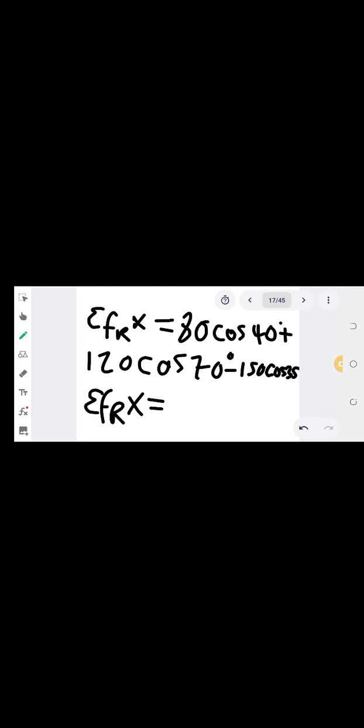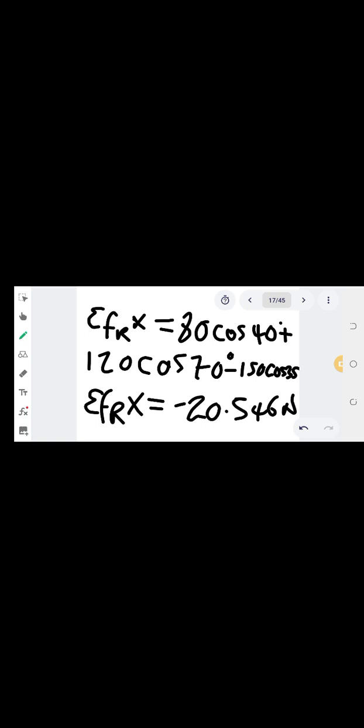So what we must get is negative 20.546 newtons. So this is just in the x.